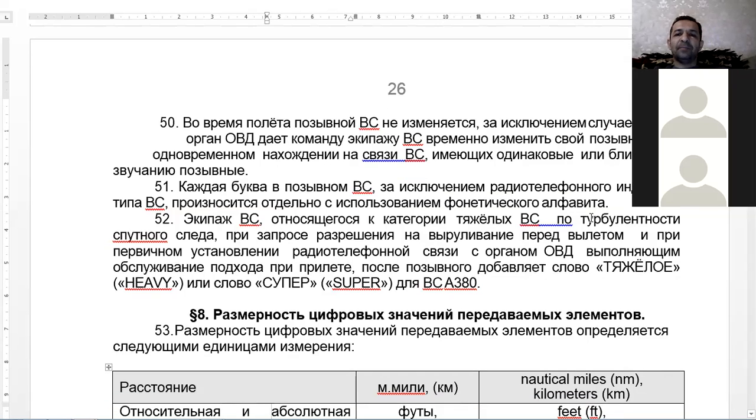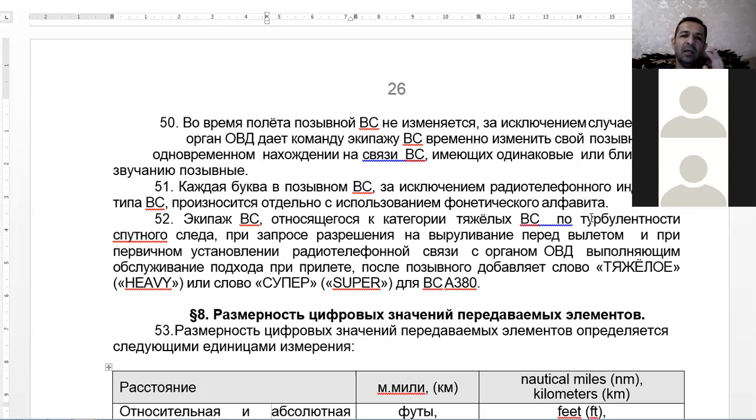For making separation between aircraft, after the call sign the aircraft category should be used, like heavy or super. For example, Boeing 767 heavy, Uzbek 201 heavy.